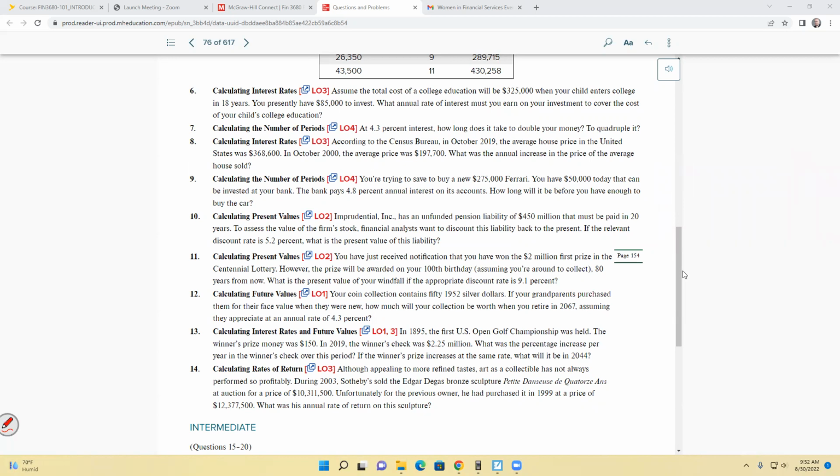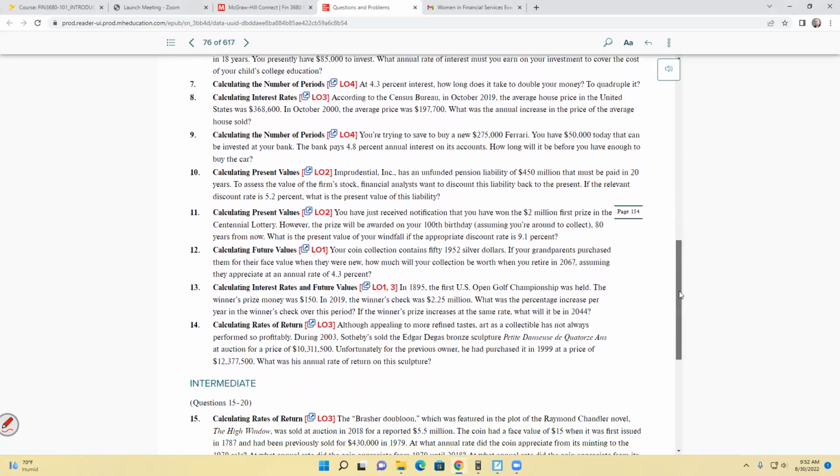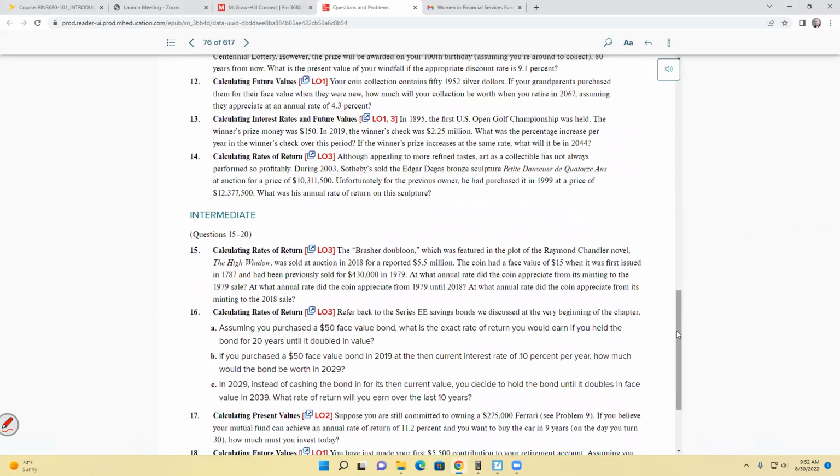Let's see. All right, so you got a coin collection here. Your coin collection contains 1952 silver dollars that the grandparents purchased at face value when they were new. What's your collection worth when you retire in 2067? Okay, so we got $50, hopefully you get more than 4.3%.